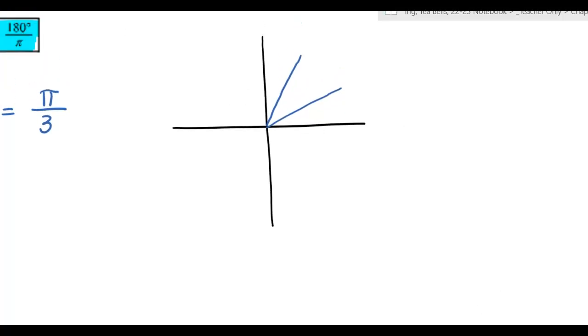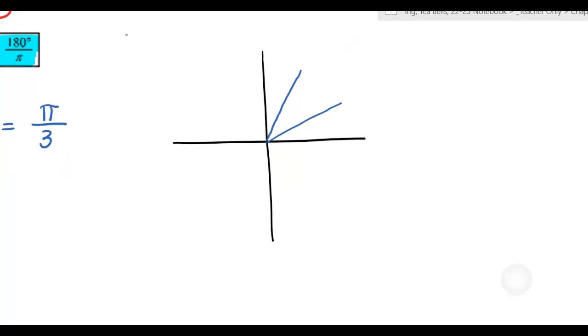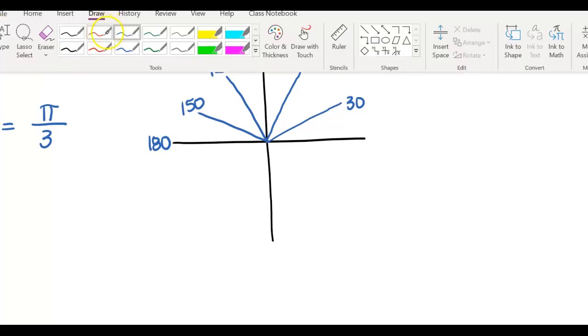I'm only going to do the upper half, and we'll get the same idea on the bottom. Obviously they're not perfect, but you get the idea. The positive y values are separated into 6 equal pieces. In degrees, we think of this as 30, 60, 90, 120, 150, and then of course 180 on the x-axis.